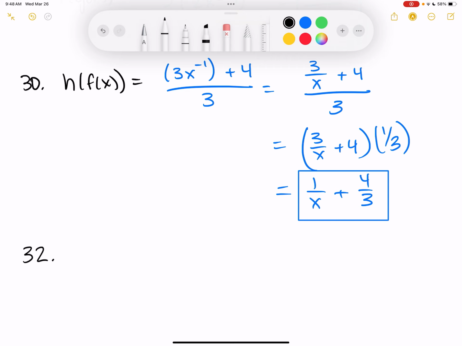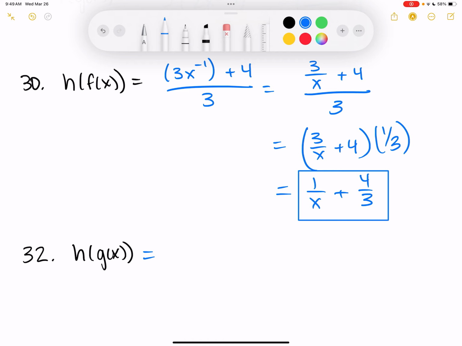Number 32, h of g of x. So I'm putting g of x into x in h of x. So 3 times 2x minus 7. Oh, but no, because that's to the negative 1.